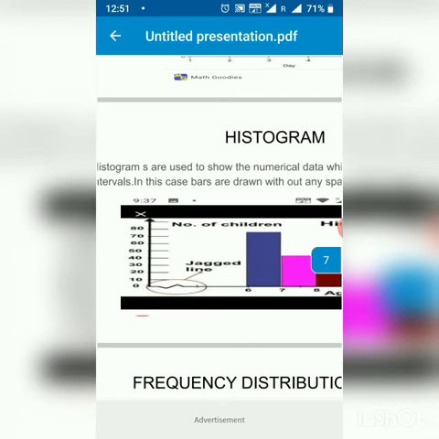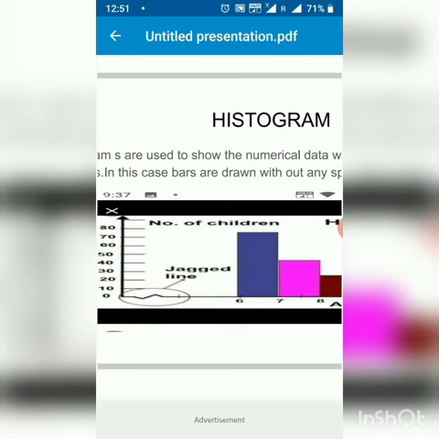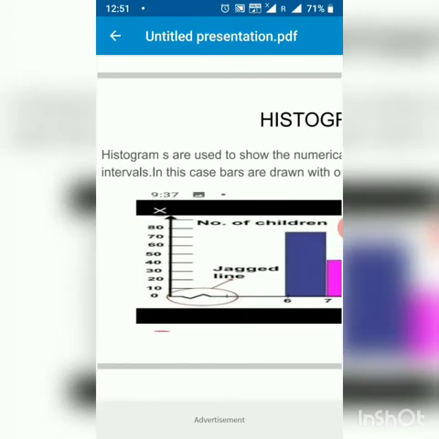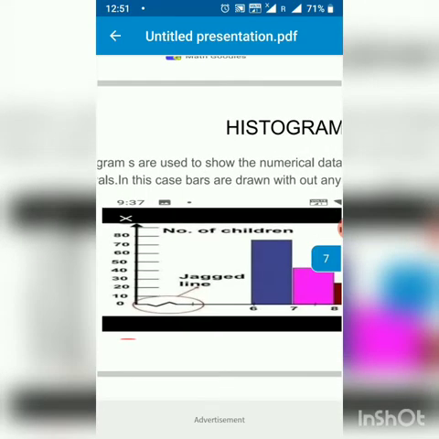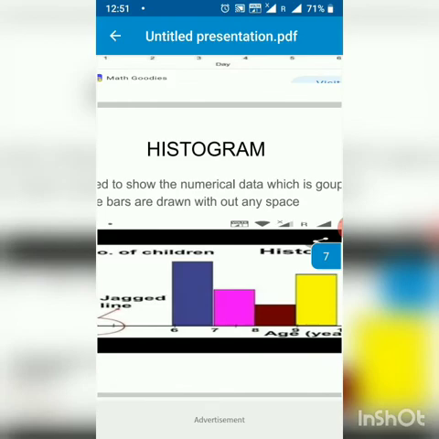Before representing it in the grid box or on the graph paper, we have to group the data into certain intervals. Like here, it is given number of children, and here age.